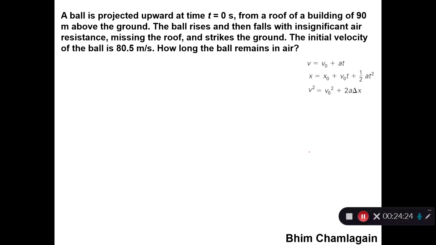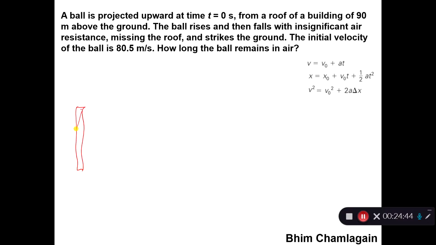Now let's do a little bit more difficult problem. In this case, a ball is projected vertically upward from the roof of a building.